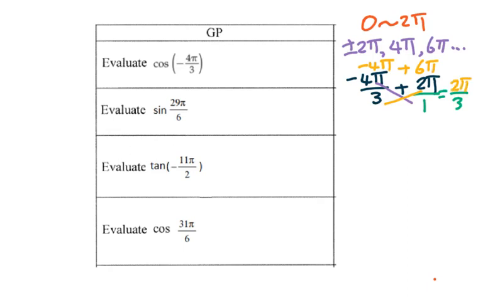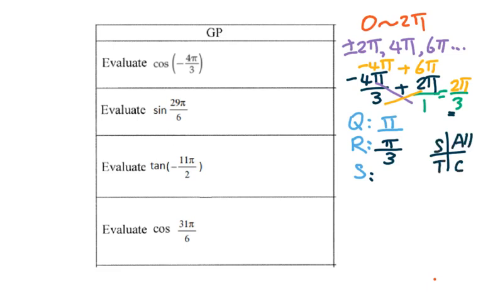So for 2 pi over 3, then we go to QRS. Quadrant, that will be second quadrant, because you know that's a n minus 1 pi over n pattern. For reference angle, denominator is 3, that's why it's pi over 3. And sign, remember that all students take calculus.